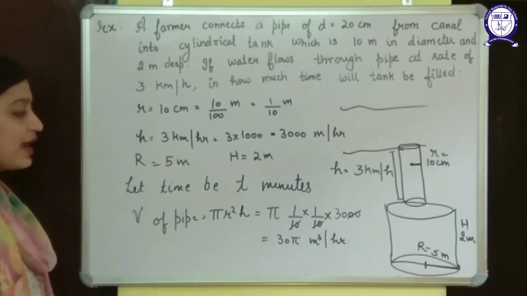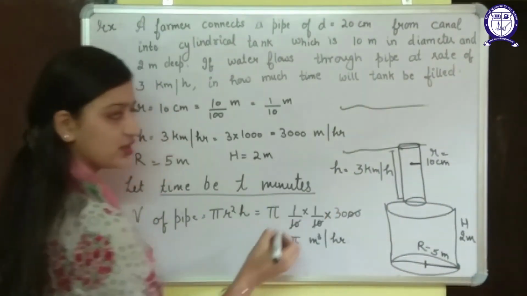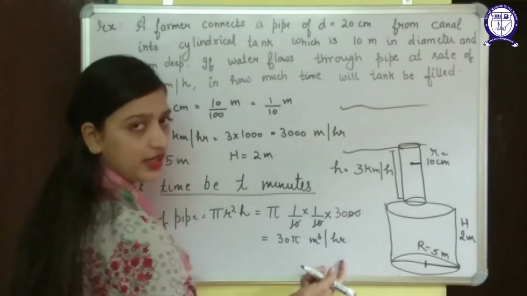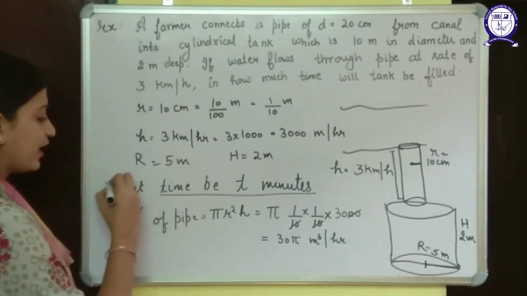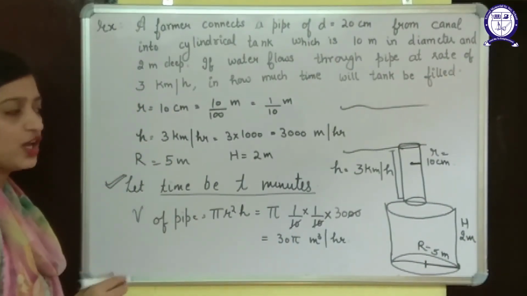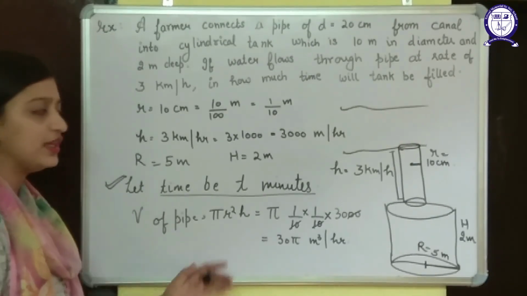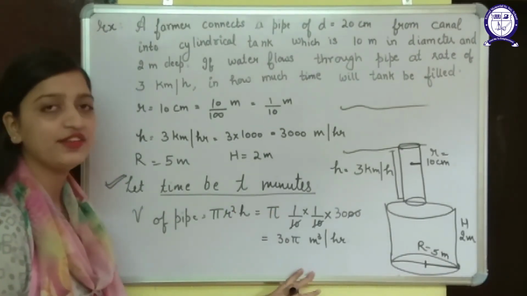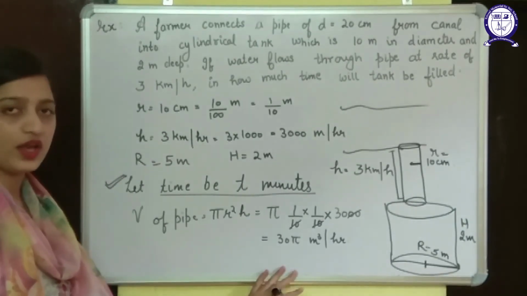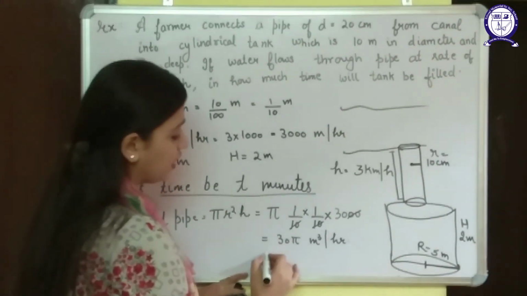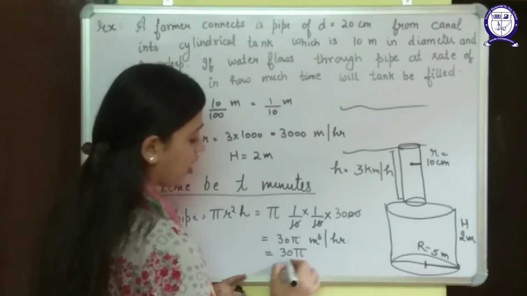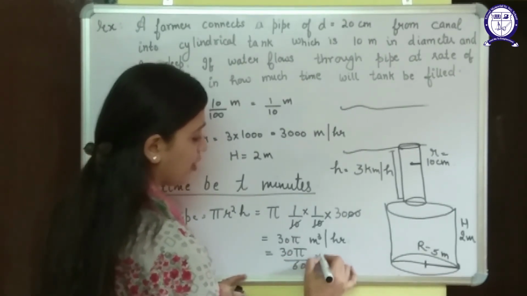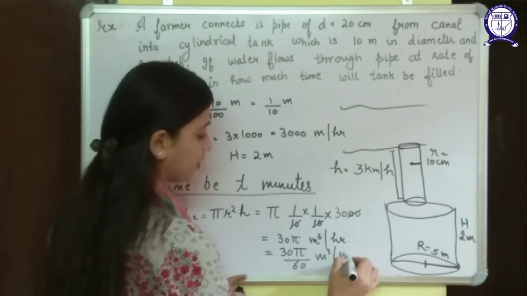Okay, but I am taking the time in minutes, so I need to change it into minutes. I am changing it into minutes because I have taken time in minutes. You can also take time in hours, then I will leave it like here. Okay, so what will it be in minutes? This will be 30 pi upon 60 meter cube per minute.